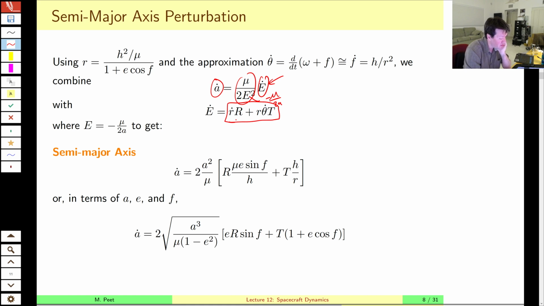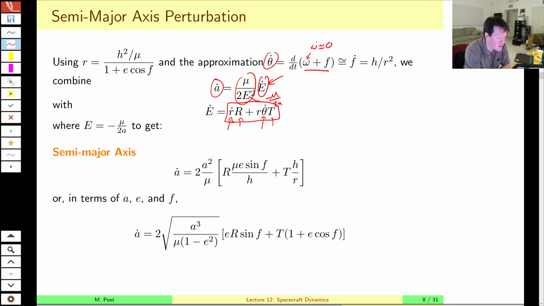And really we want to express all of these in terms of the current orbital elements, as well as in terms of T and R. In particular, we want to get rid of R dot and theta dot. Well, theta dot, what is theta dot? Theta is a combination of omega plus F. The only one that's changing, however, is F. Well, actually, omega dot is changing slightly, possibly due to perturbations, but we're going to assume that's 0.